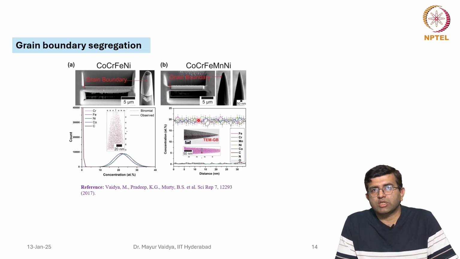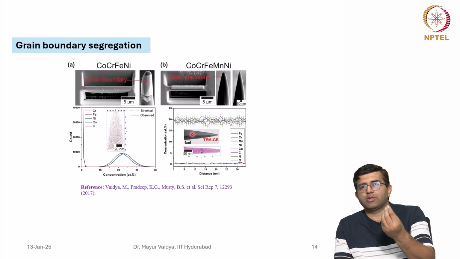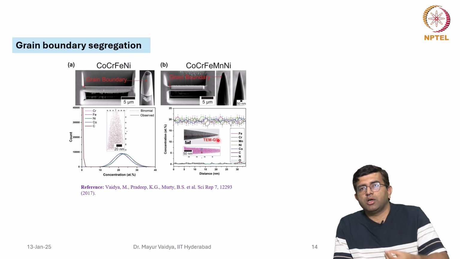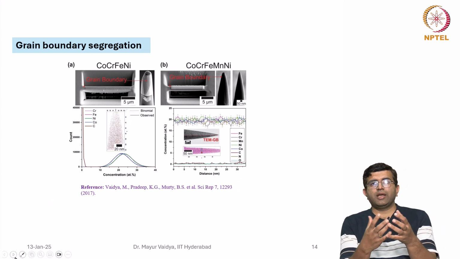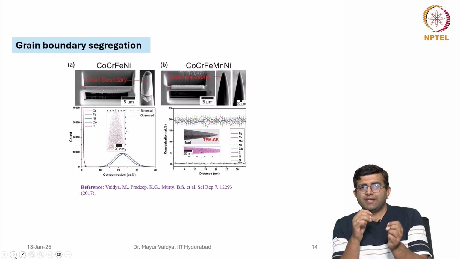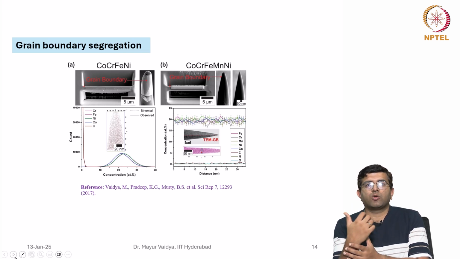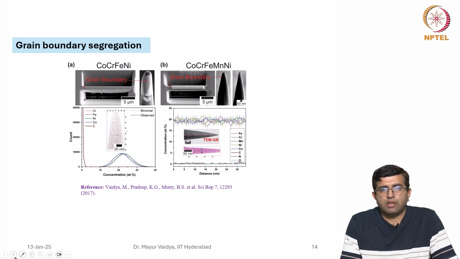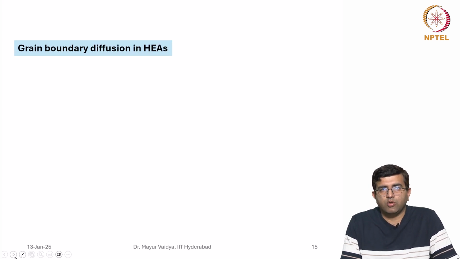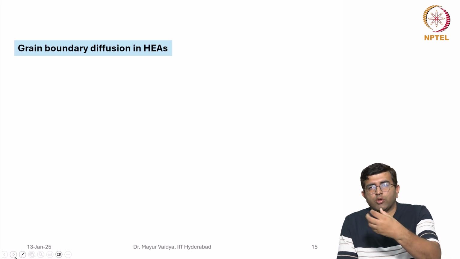So, in TEM you first confirm that in your sample there is a grain boundary present, and then the atom probe tomography tells you the composition along that grain boundary, to confirm that the segregation is absent. Because you may recollect that when we talked about the grain boundary diffusion, the segregation factor comes into the picture for the alloys, and quite often we assume that segregation factor to be unity. So, an analysis like this confirms that the segregation factors are unity before you perform the measurement.